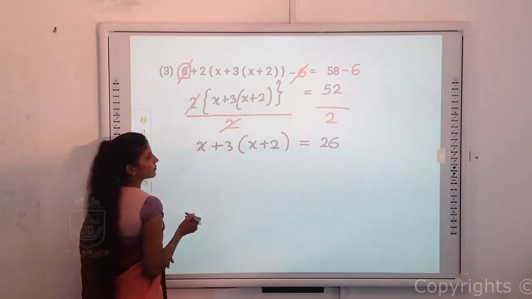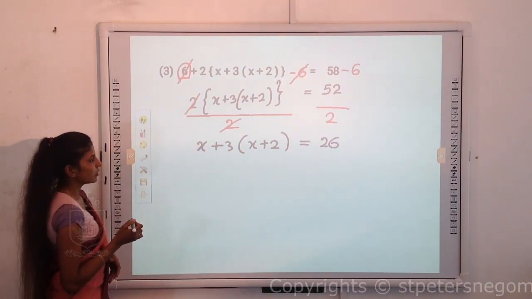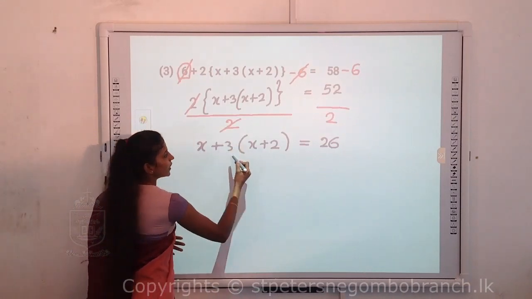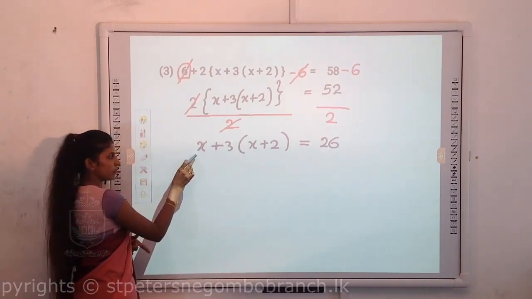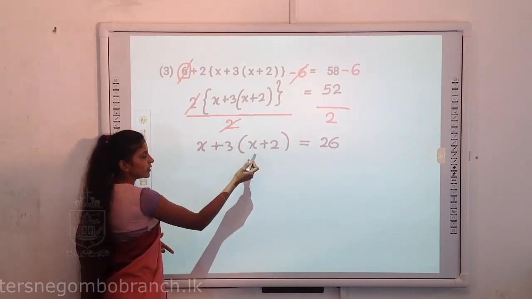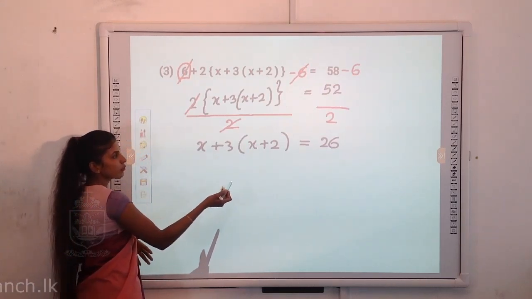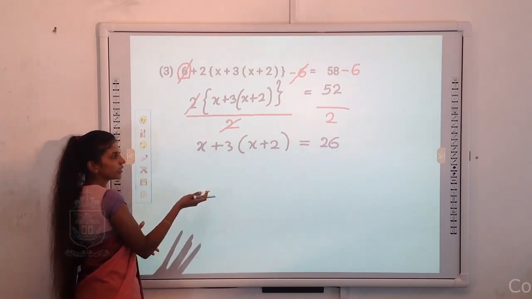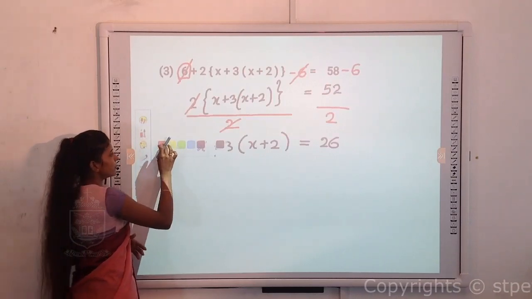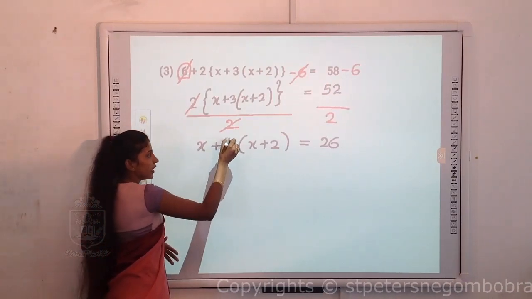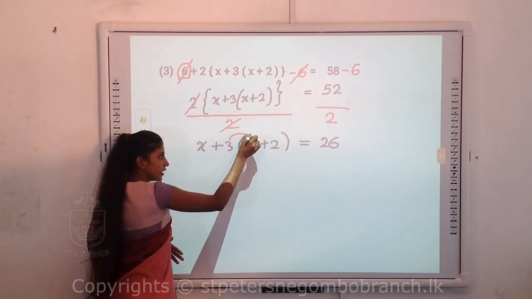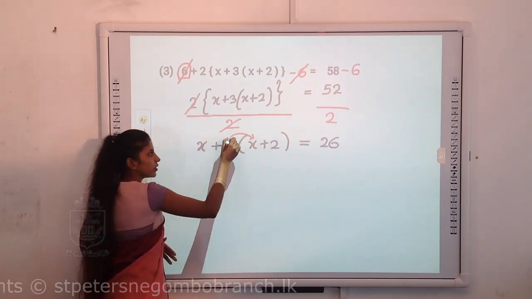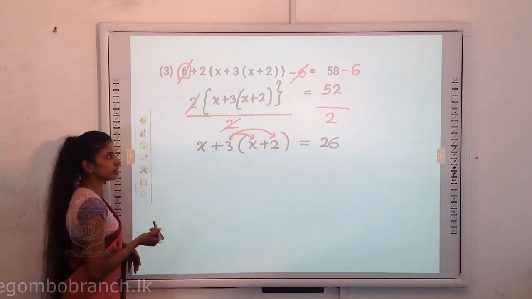26 is the answer. Next, you have to simplify this part. You can see one x here and another x inside the bracket. So you have to remove the bracket and take x out. To do this, multiply this 3 by this x and also by the other term, that is 2.